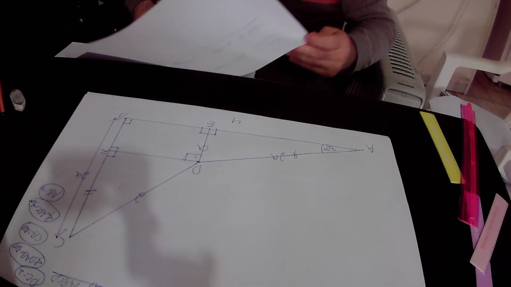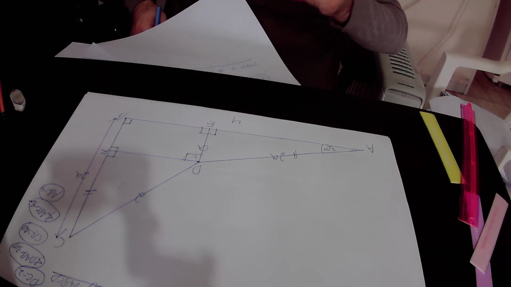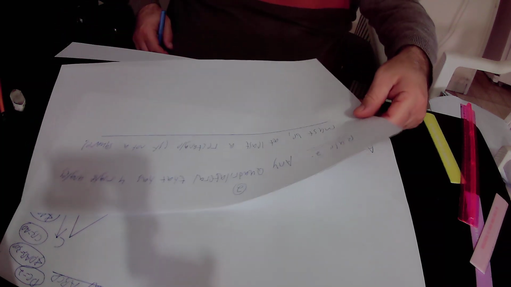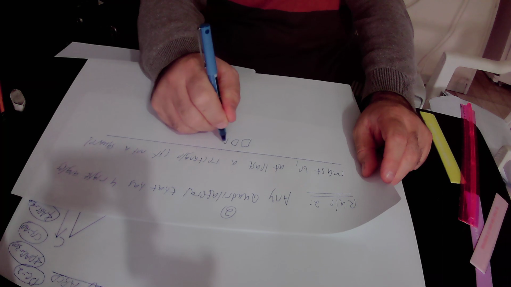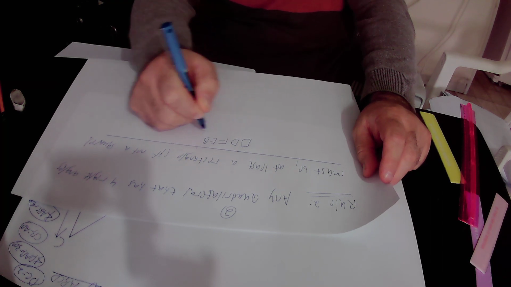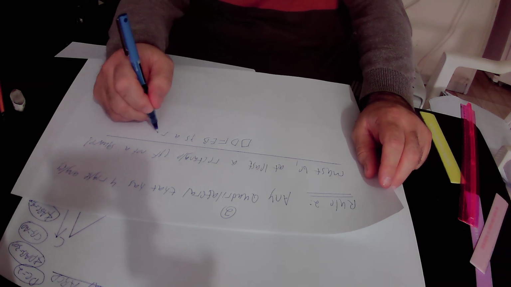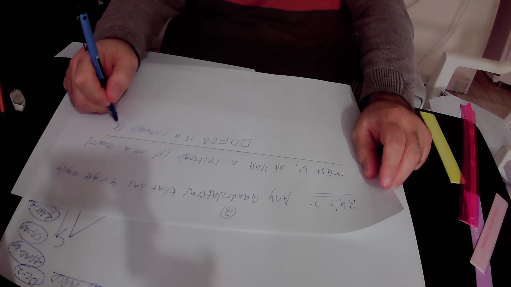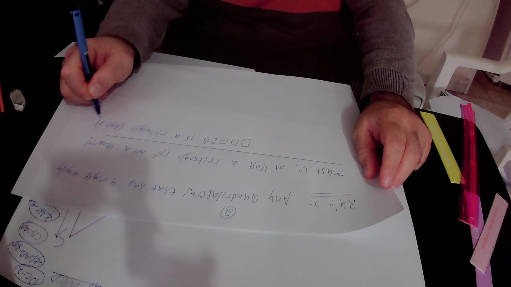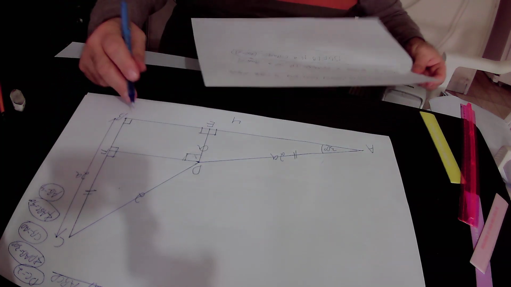And because quadrilateral DFEB has four right angles, quadrilateral DFEB is a rectangle according to rule number 2. So we will relate to quadrilateral DFEB as a rectangle.